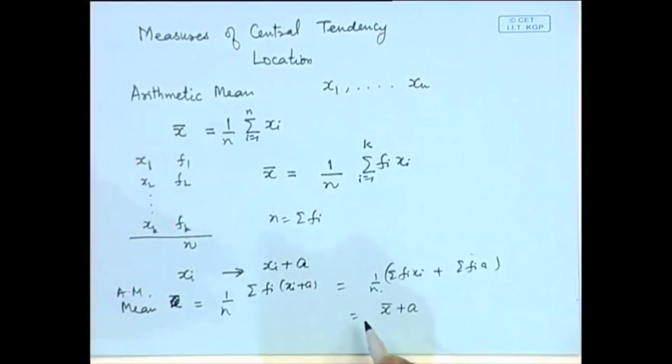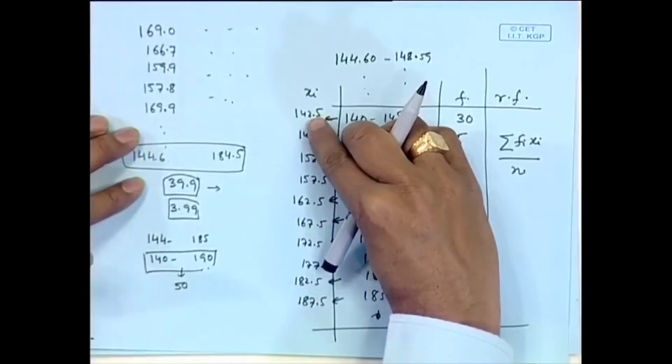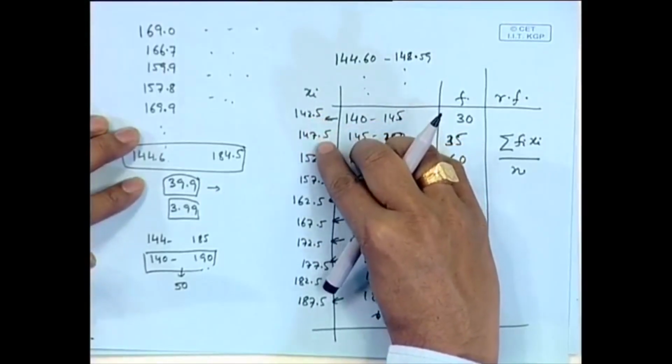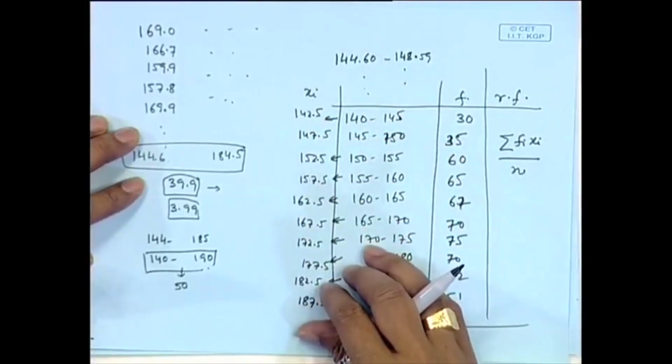Now, this actually gives a very nice method of calculation, because many times we are dealing with either very large or very small values. So, we may shift all the values by a certain number. For example, these values are quite inconvenient, like 142.5, 147.5 and so on.